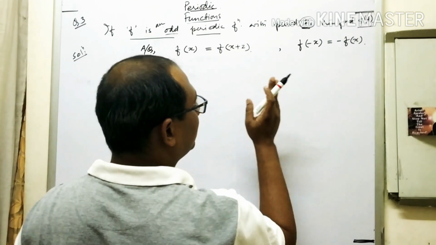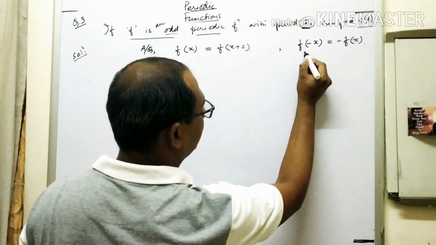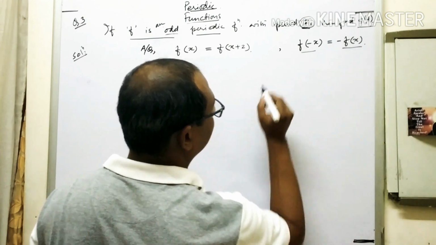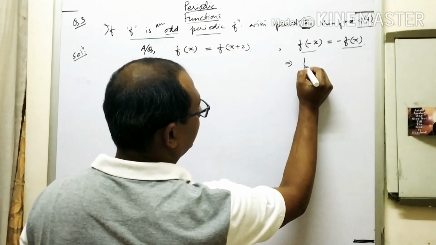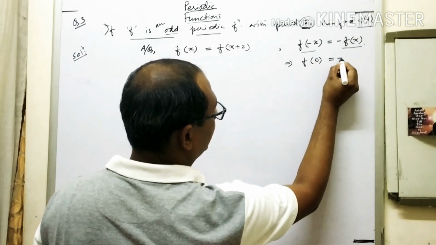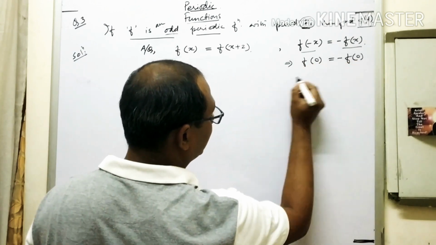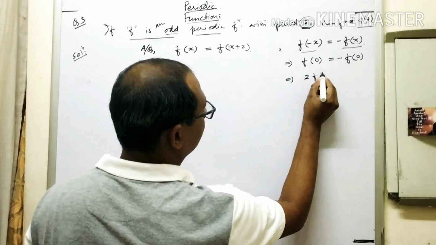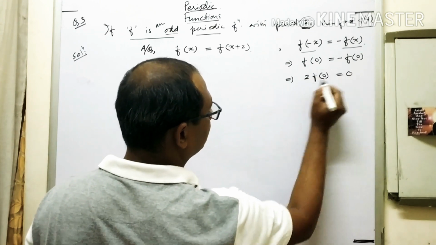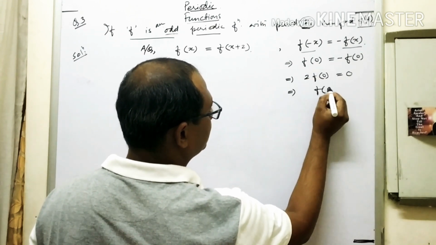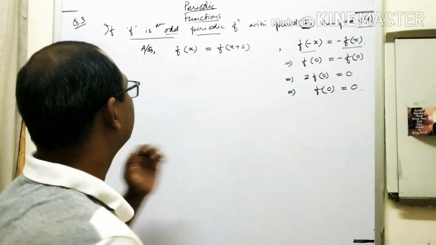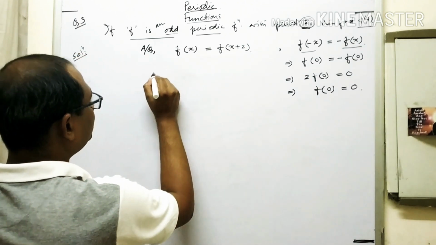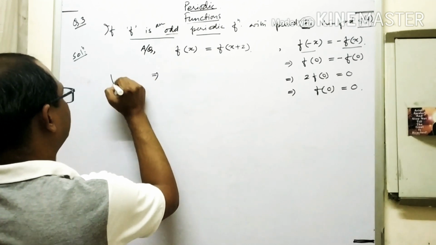How do I get f of 0 from here? If I put x equal to 0 here, f of 0 will be equal to minus f of 0. So ultimately I'll get 2 f of 0 equal to 0, so f of 0 equals 0. So it's over now.